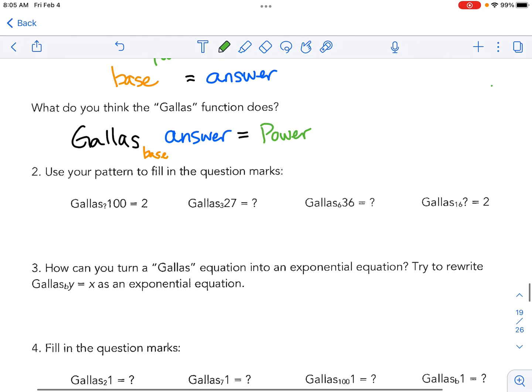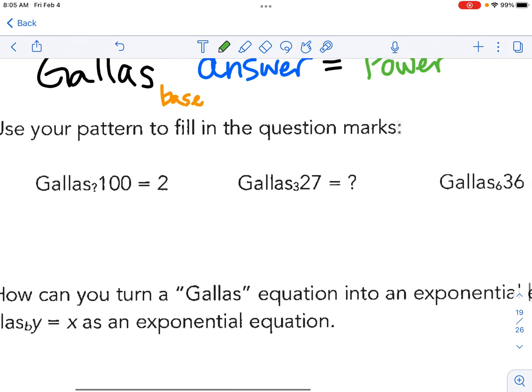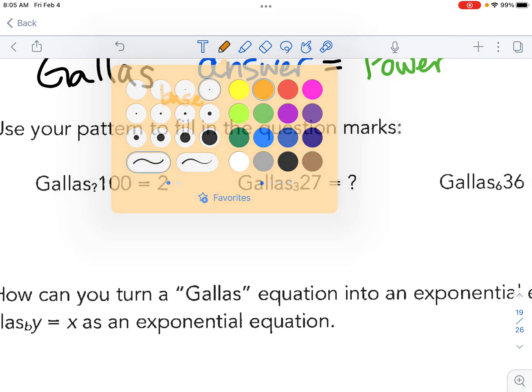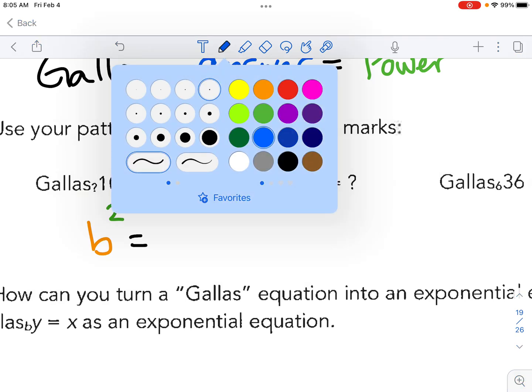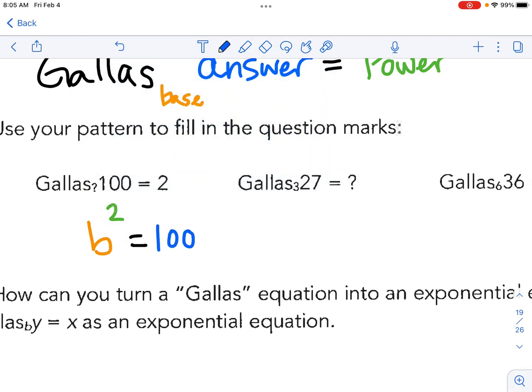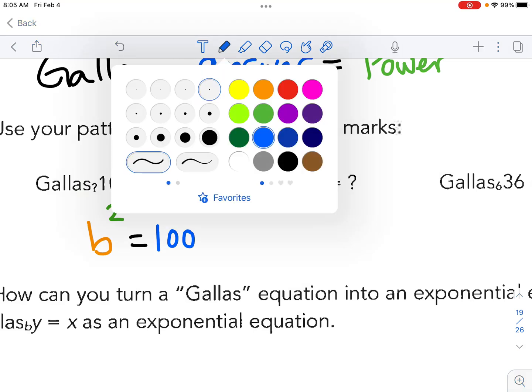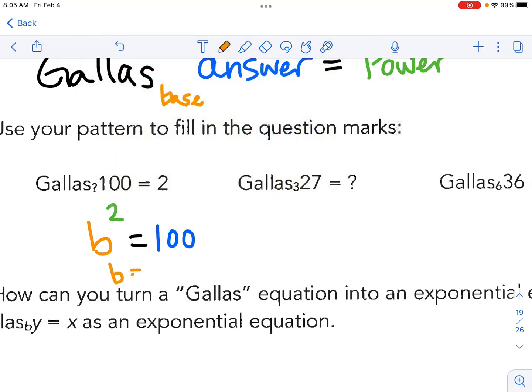So let's extend her pattern. We don't know the base. We have a base to the second power equals 100, the answer. What base is that? That base has got to be 10, right? 10 squared is 100.